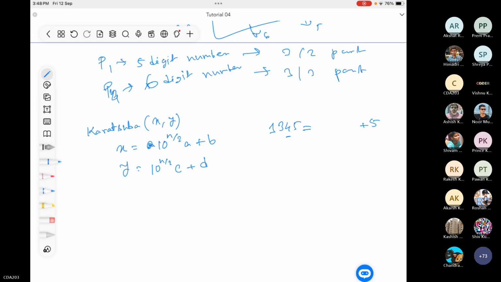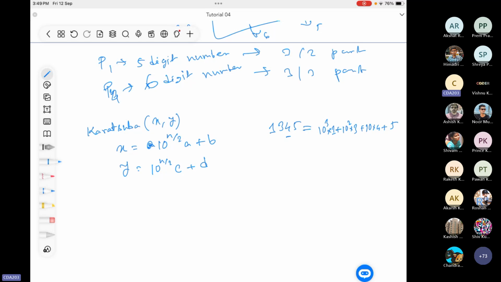Can we write it as 4 into 10 plus 10 into 4 plus 10 square into 3 plus 10 cube into 1? Can I represent this number in this way? Yes, that is the representation I was talking about.